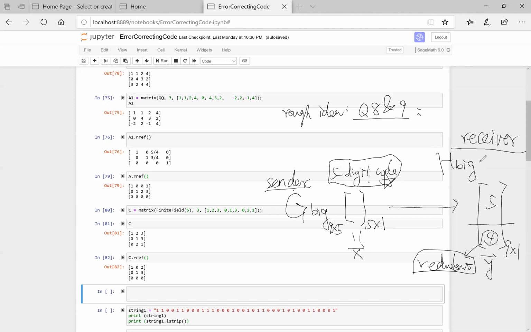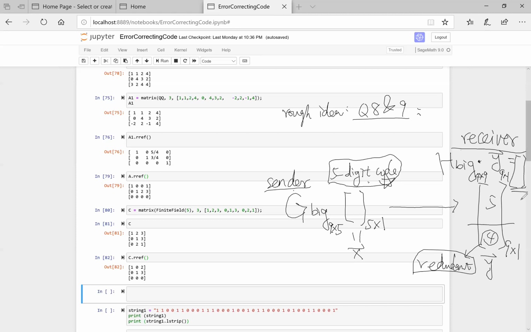I will tell you how to get the pair GBig and HBig in a second, but for now let's assume we have a correct one. Then I multiply it by Y. Y, remember, is 9 by 1, and HBig is 4 by 9. So you are going to get a 4-digit code.